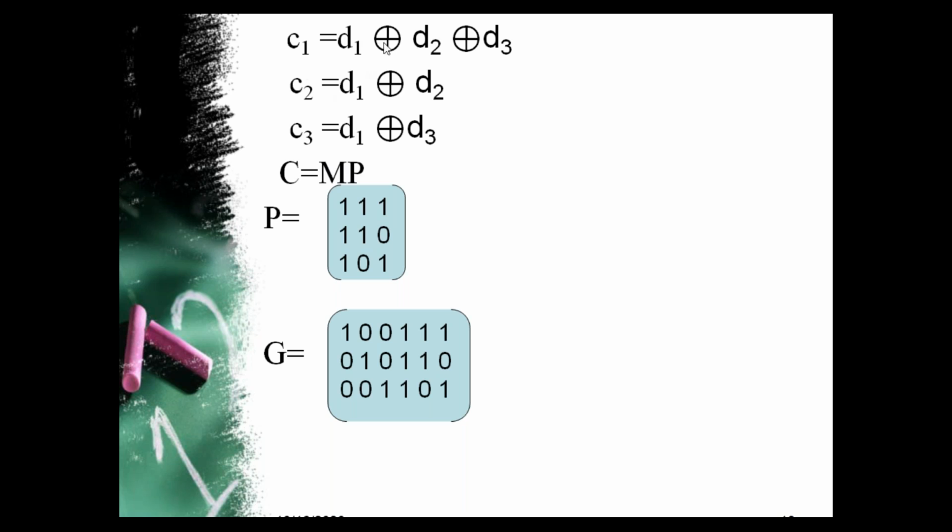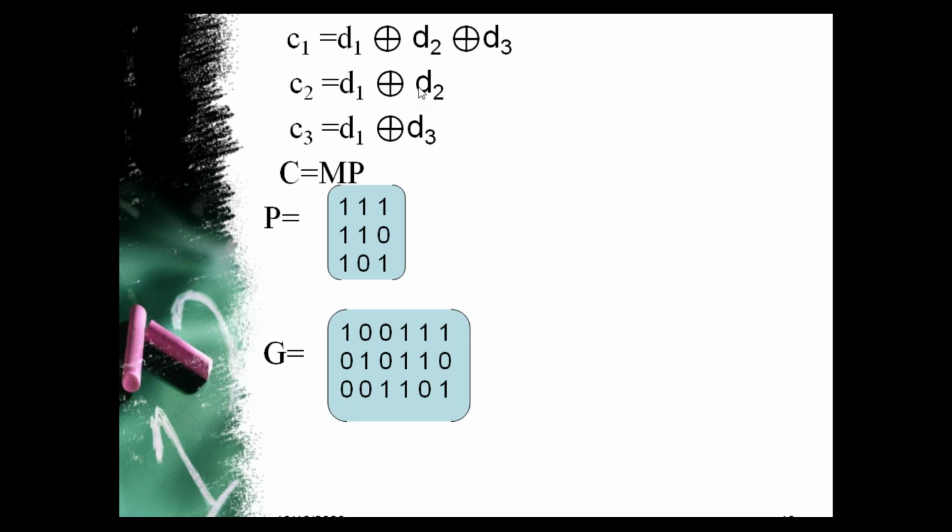The check bits C is equal to M into P, where M is D1, D2, D3. We have obtained this equation.